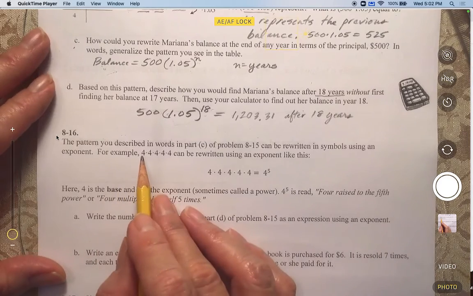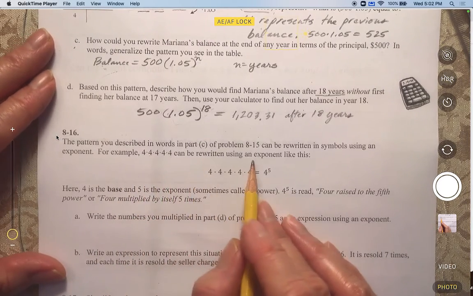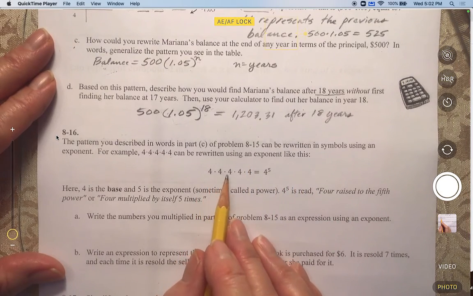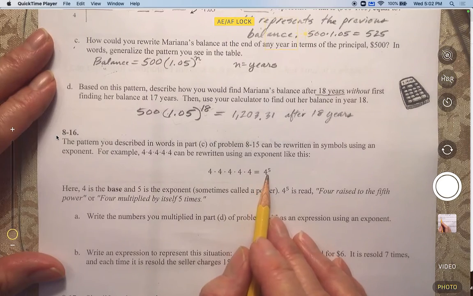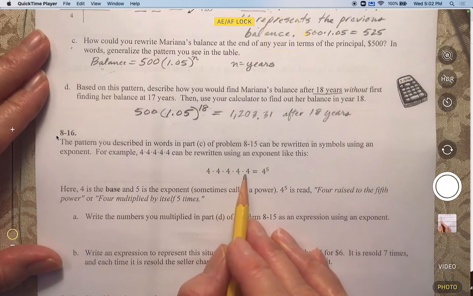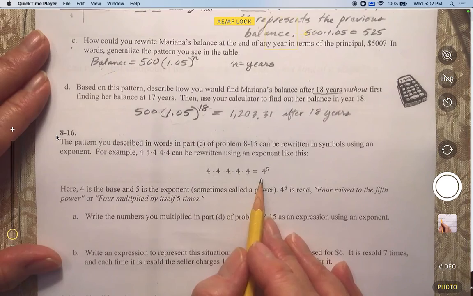For example, 4 times 4 times 4 times 4 times 4 can be rewritten using an exponent like this: 4 to the 5th power. If we count these 4s, 1, 2, 3, 4, 5, we see that it's 5 4s multiplied together.